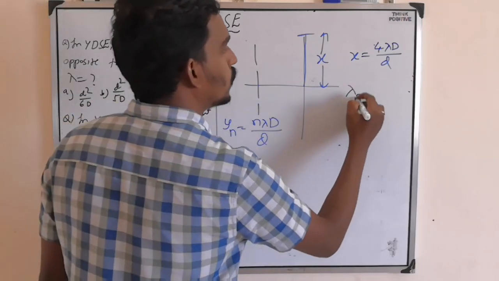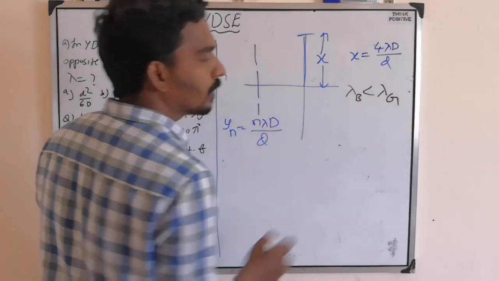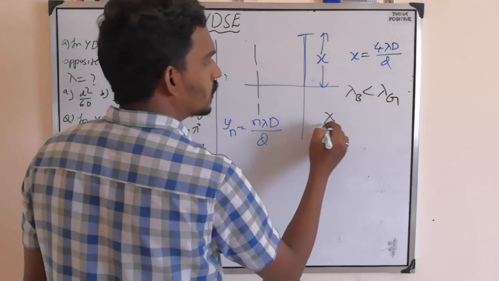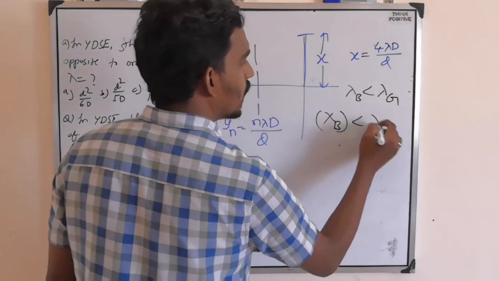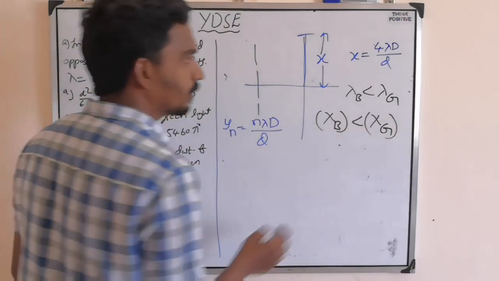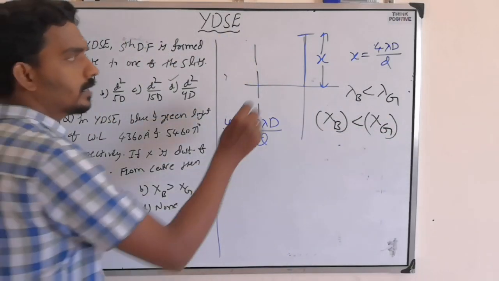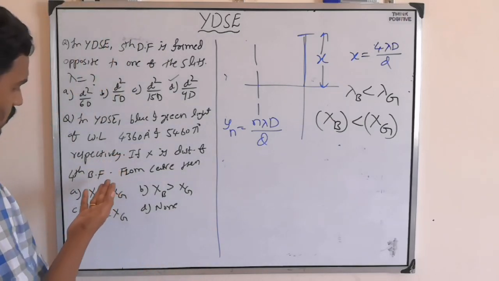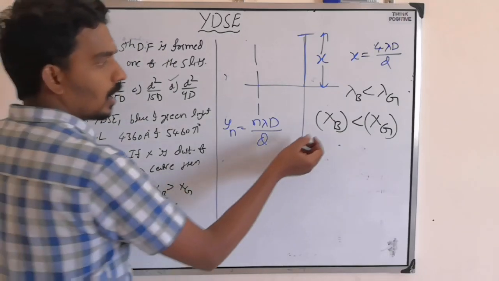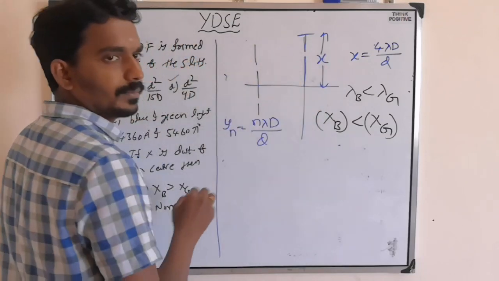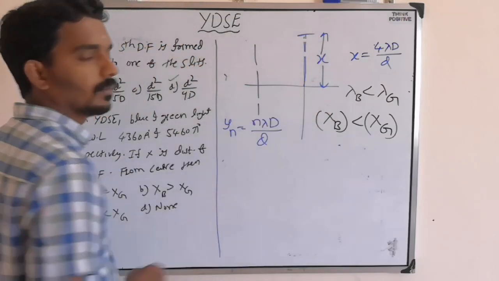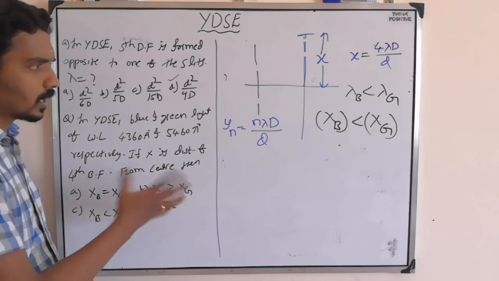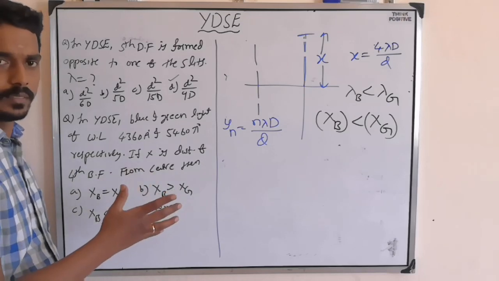So lambda for blue is lesser than lambda for green. Obviously x for blue is less than x for green. That means the distance of the fourth bright fringe of blue will come first, then green will come. That is what I told you, comparison.